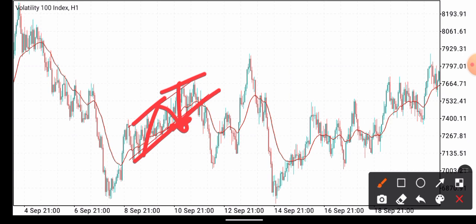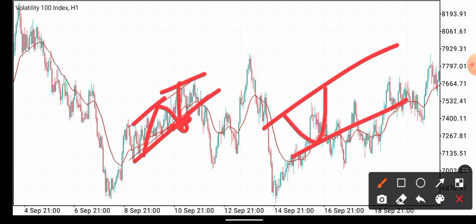You don't just trade anyhow, just wait for when price comes. Let's say this is your trend line. As market is consolidating, make your trade consolidate also. So you enter here for a sell, enter here for a buy, enter here for a sell. It's not as easy as you think.